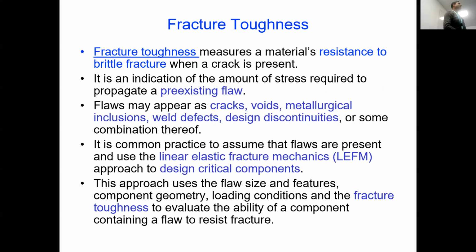That flaw can be a microvoid, a metallurgical inclusion like in any other metal, a defect because of the welding, a defect because of the design, or a combination of all.